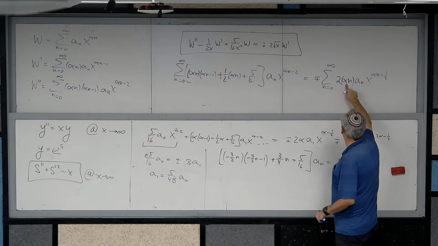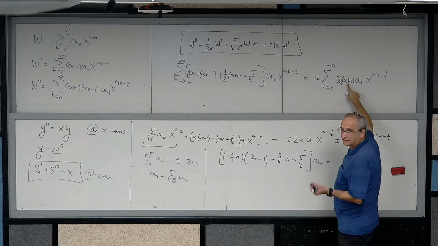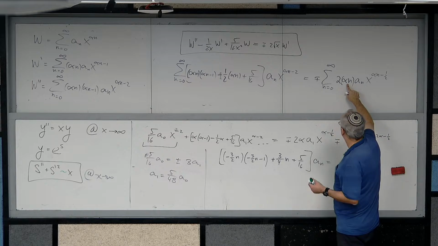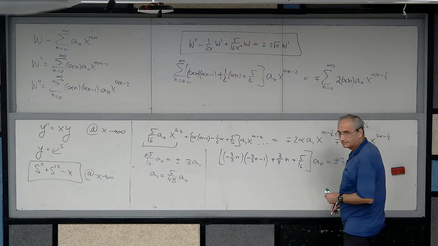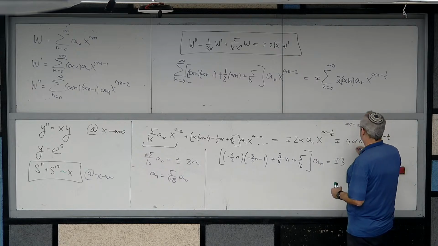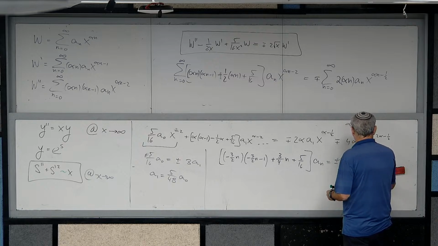So 2 times alpha is minus 3. So I have a plus minus 3 times n plus 1 times a_(n+1).